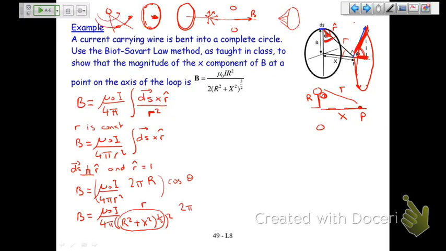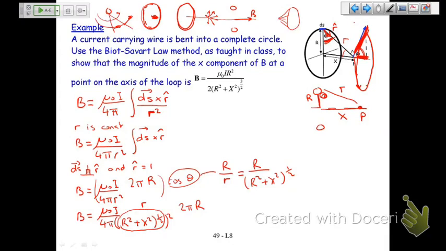Times 2 pi r. And let's express this cosine theta. If that's theta, cosine theta is adjacent over hypotenuse. So instead of cosine theta, I'm going to say cosine theta is adjacent R over hypotenuse, which equals R over R squared plus x squared to the half.